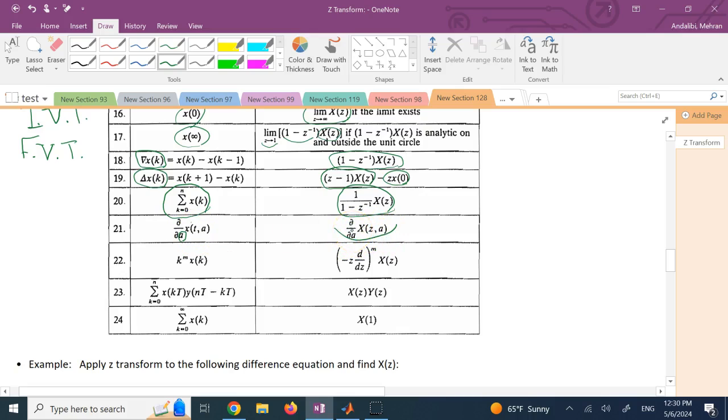If you multiply x by k to the m, then in the z domain you have to pre-multiply by negative z times d over dz, to the power m.